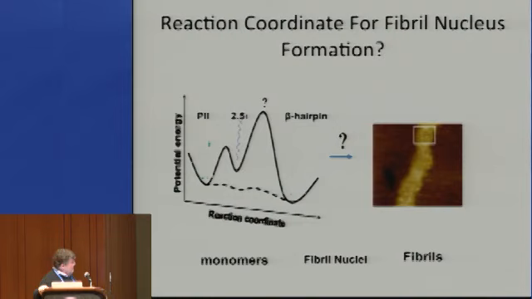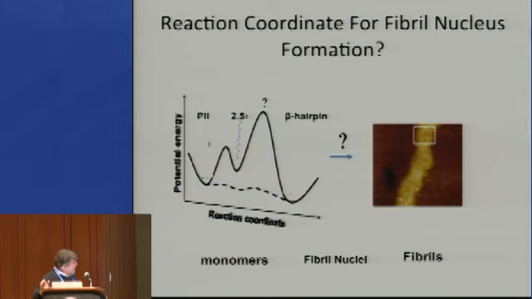What you have is a sample which has a minimum for the PP2 conformation. You also, in that same sample, have an energy minimum for the 2.51 helix. And the activation barrier is not very large because you're in an equilibrium and they are exchanging between the conformations.